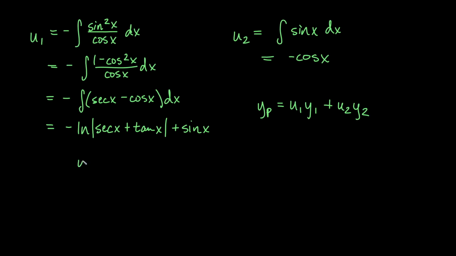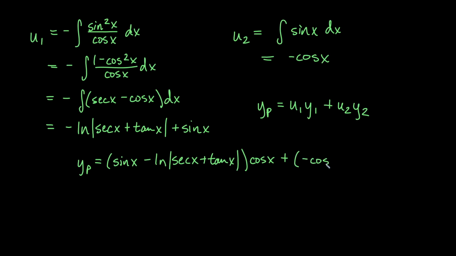And so let's write all of that down. So yp is going to be our u1 times y1. Here, if I turn this around, I can put my sine x in the front. So sine x minus ln of secant x plus tan x. That is our u1, times y1, which was cosine x, plus u2 y2, so our u2 here we have negative cosine x, times sine x, which was our y2.